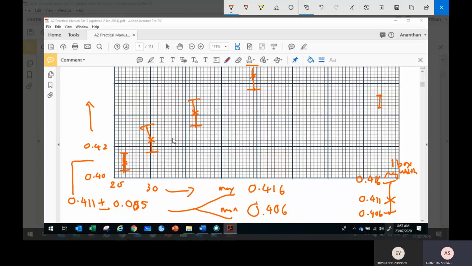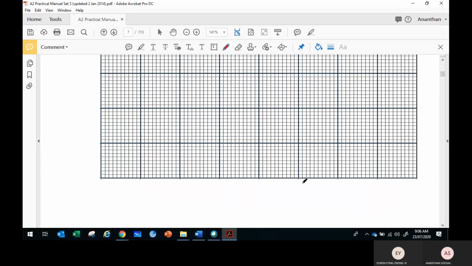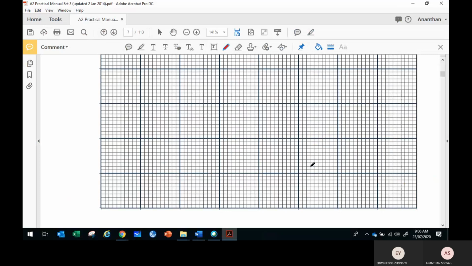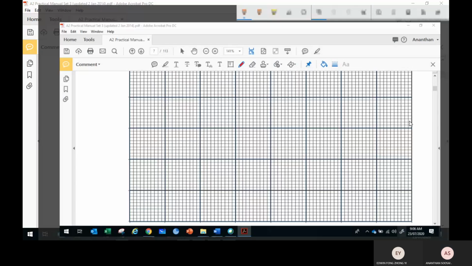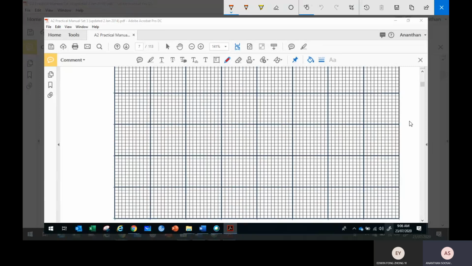Okay, so all of you done with the error bar. Now let's see another one, something new. So I drew error bars randomly.